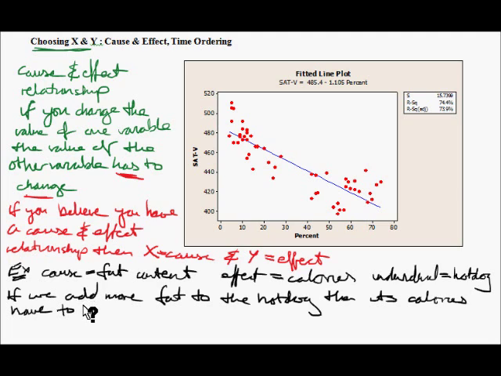And we know exactly how much if you know how many calories are in the fat. It has to increase, keeping everything else constant, not changing anything else, because fat has calories, right?